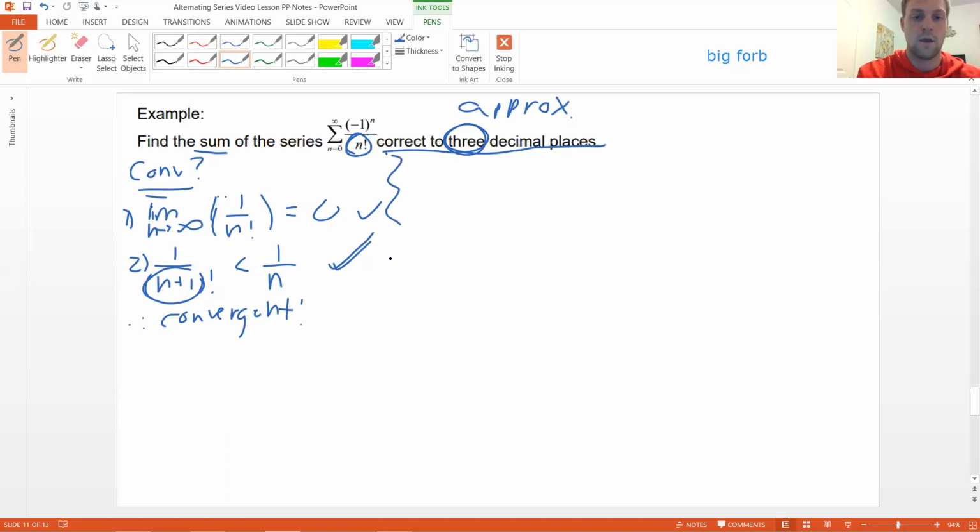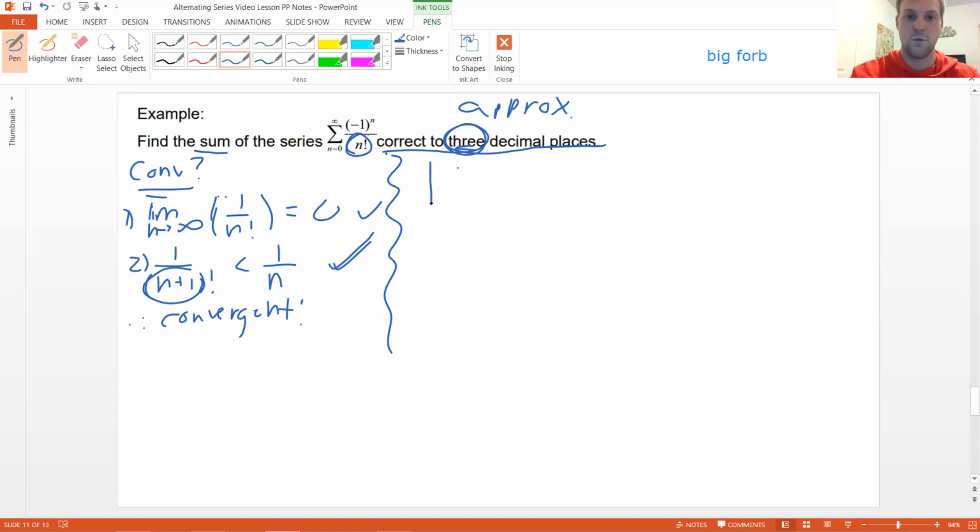Now that we know this is convergent, we can approximate its infinite sum, and we want to approximate it within 3 decimal places. So how I'm going to do that is, I'm going to use that little formula we talked about.